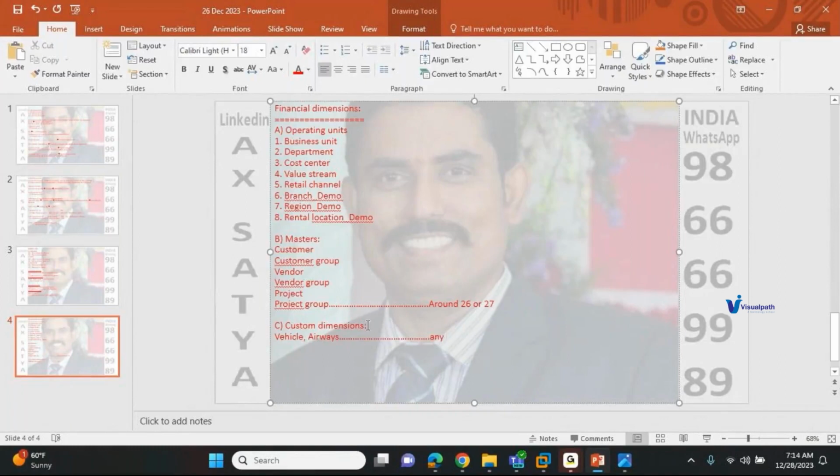Anything can be created as per the business requirement. That is custom dimension. What is the purpose of all these dimensions? Simply reporting purposes.